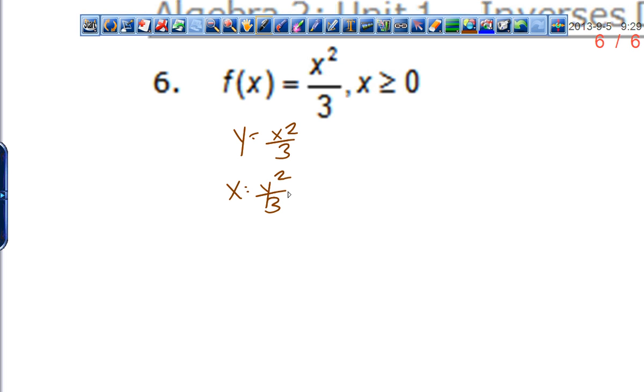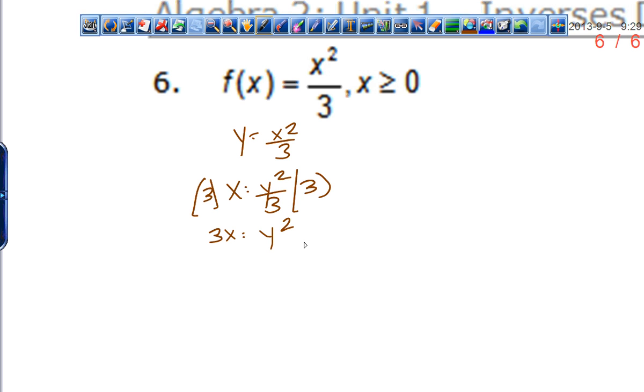Now what do I do? Multiply by 3. So I get 3x equals y squared.